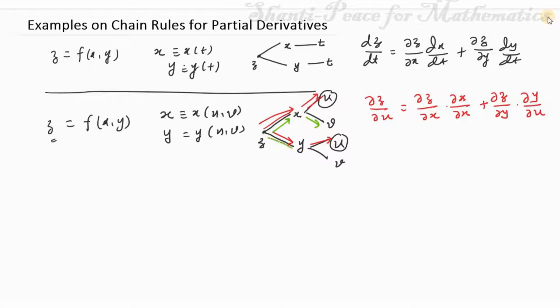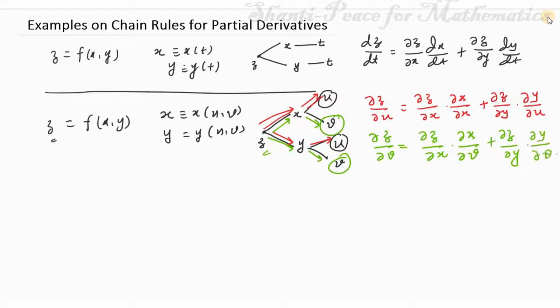Similarly, we can talk about the derivative of z with respect to v as del z by del x into del x by del v plus del z by del y into del y by del v. We have discussed these formulas and the proof of this. Here in this video, we will discuss many examples on this chain rule for partial derivatives.